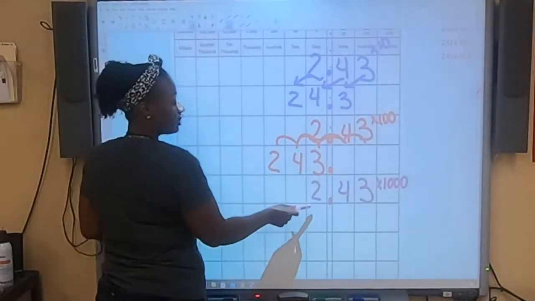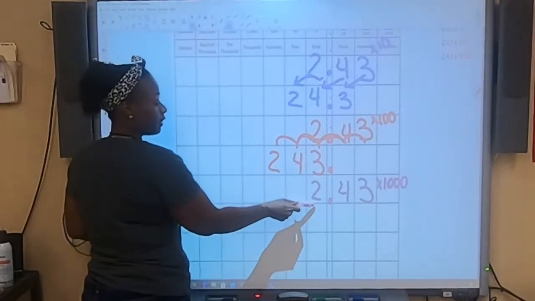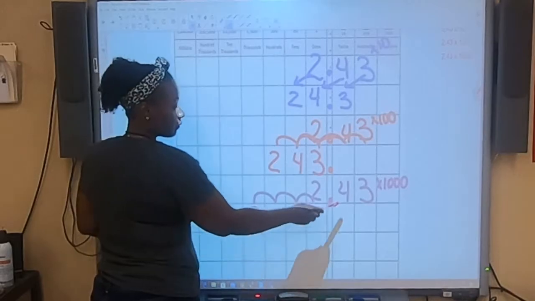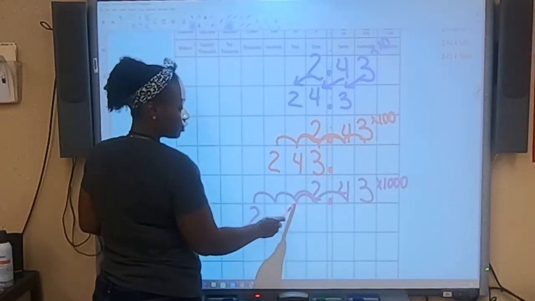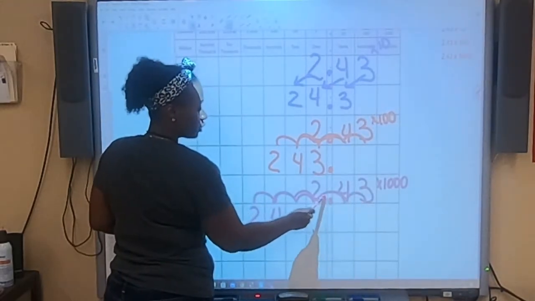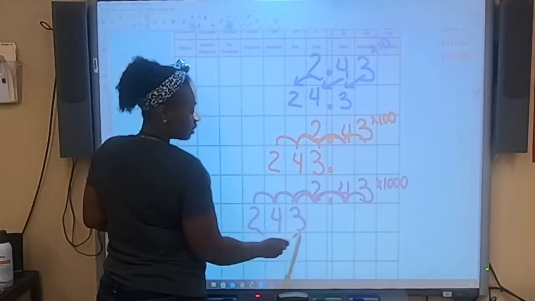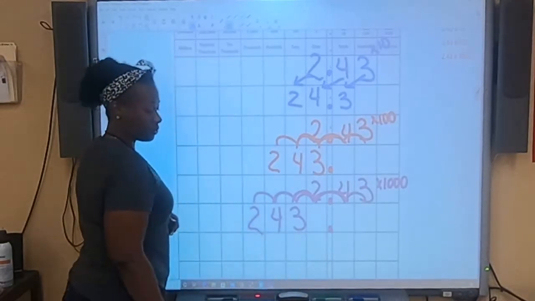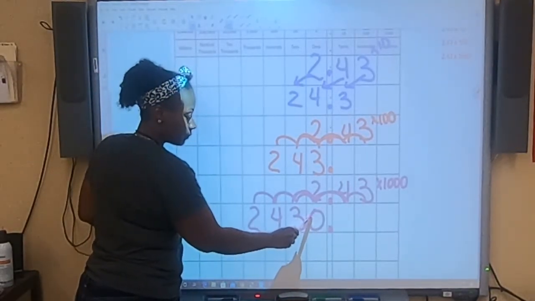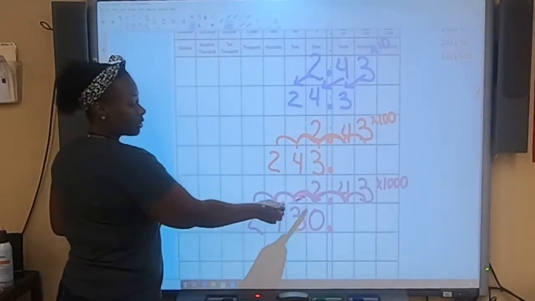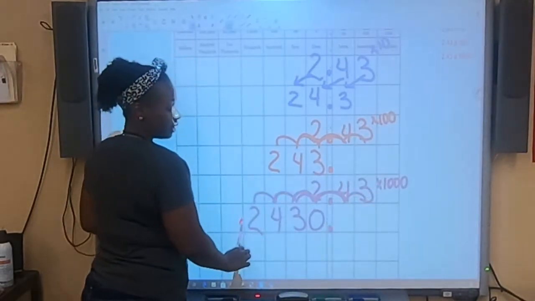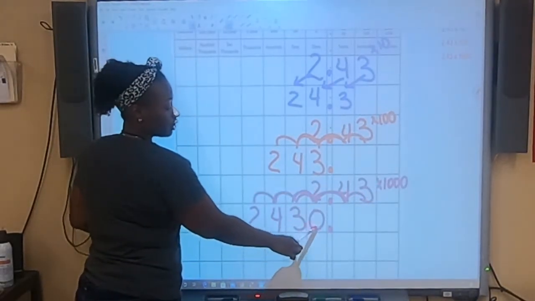So I'm going to take each digit 3 places to the left. So that's 1, 2, 3. Then my 4 goes 1, 2, 3. Then my 3 goes 1, 2, 3. Notice I'm not at the decimal, so what gets me there? A 0. So I know that 2 and 4300 times 1000 gives me 2430.